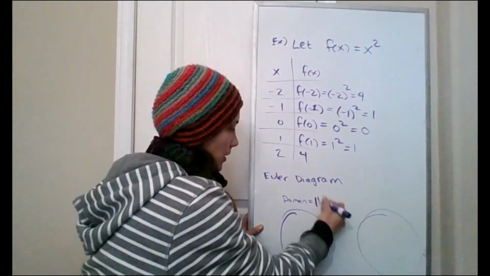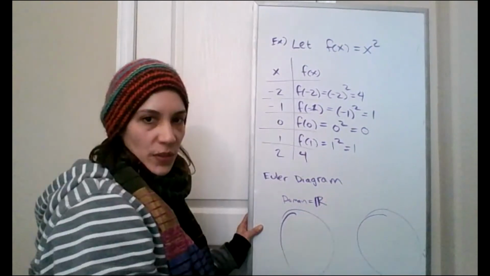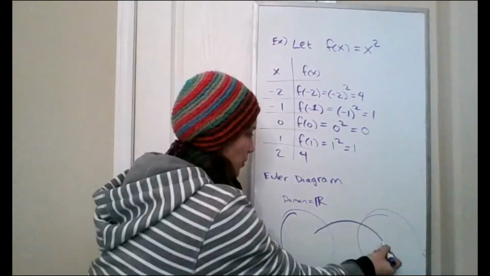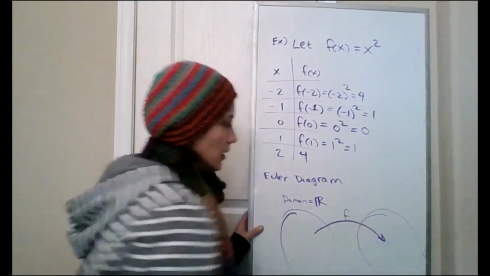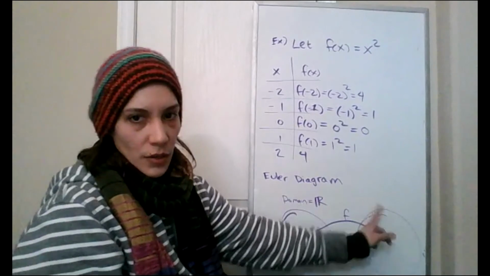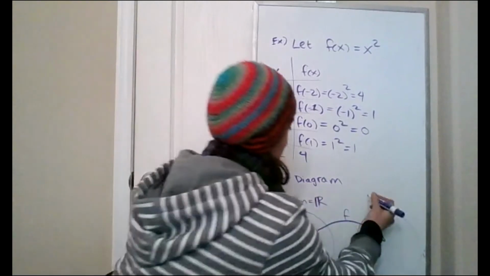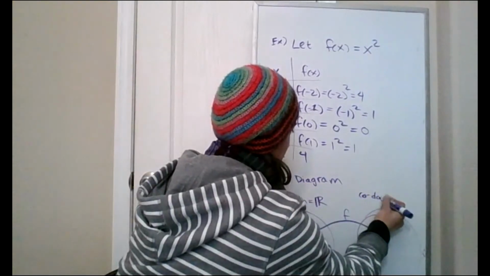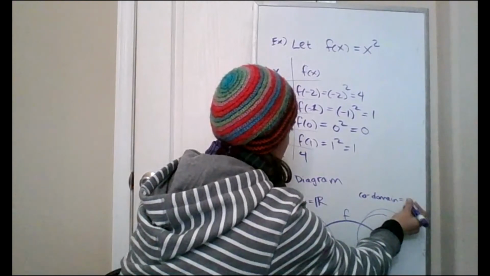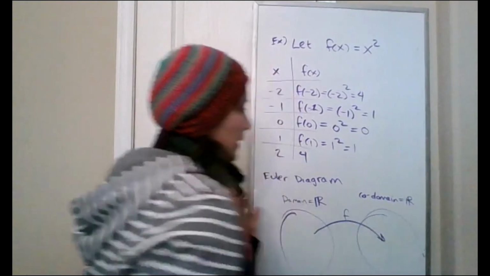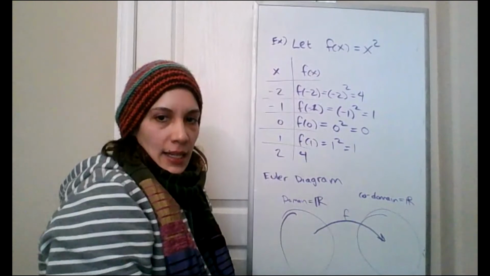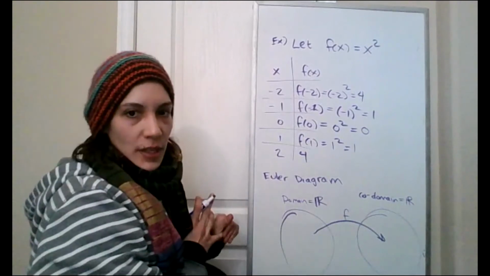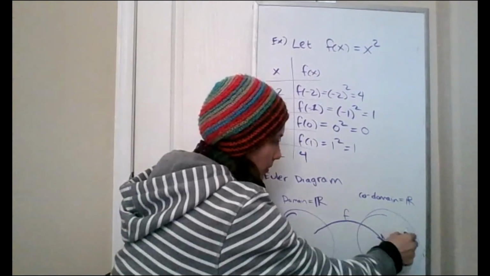So R. The function is f. f goes from R to, we'll just call the codomain R. And then some subset of the real numbers is going to be our range.